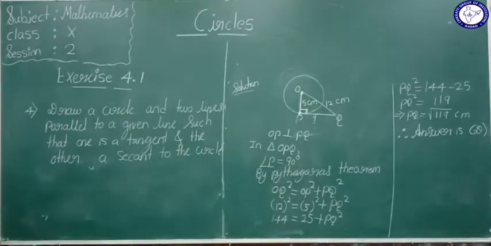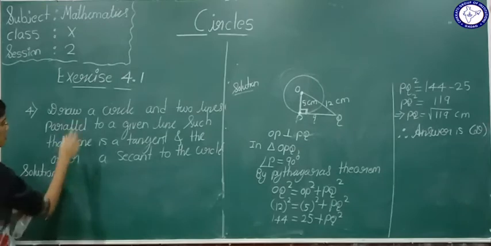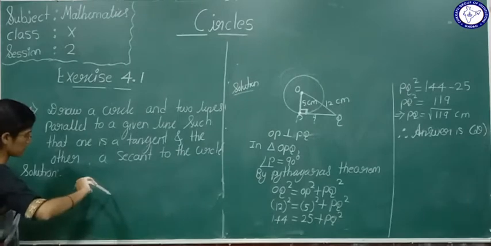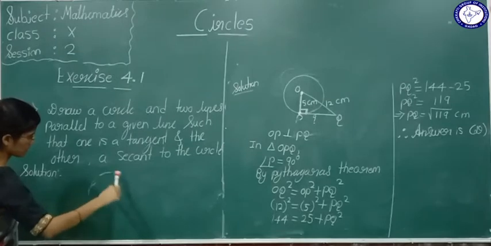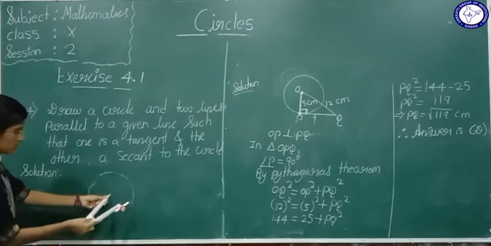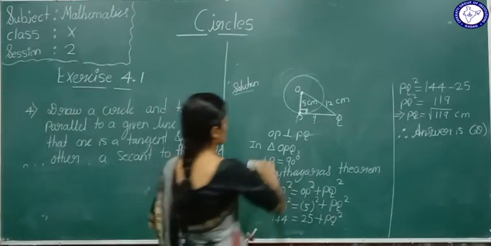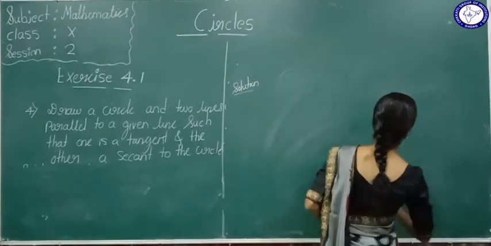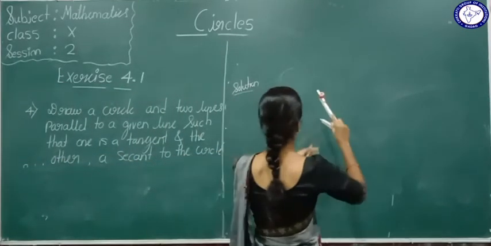Now what are they told? See the solution. We have to draw a circle. Okay, they told to draw a circle. We will draw a circle. Because here they told to draw a circle.